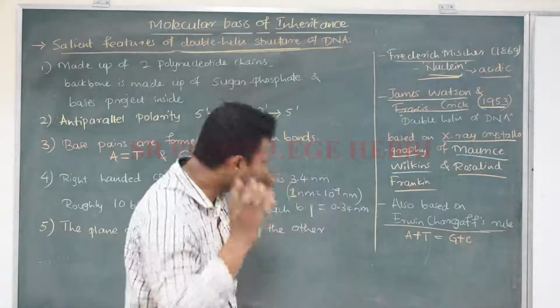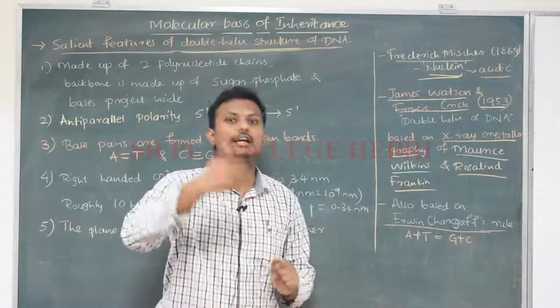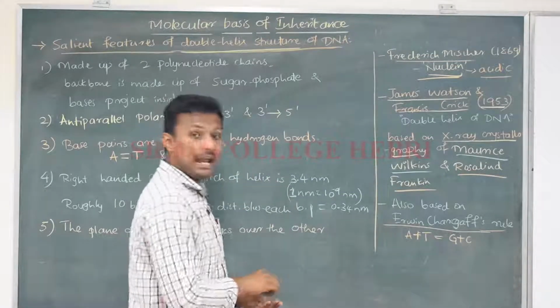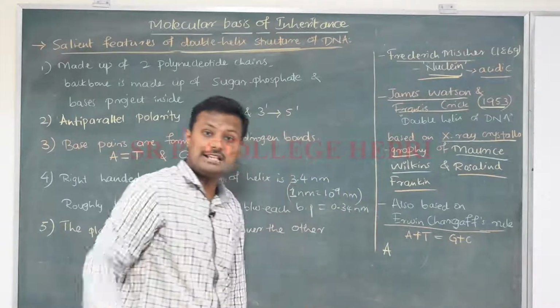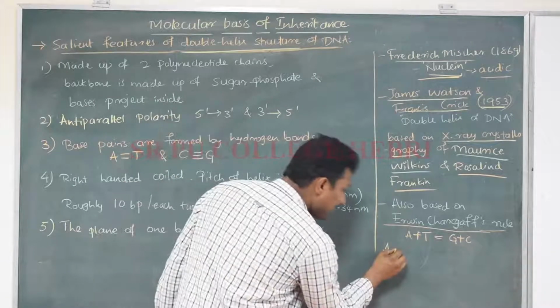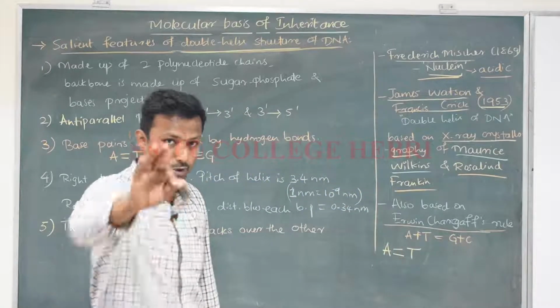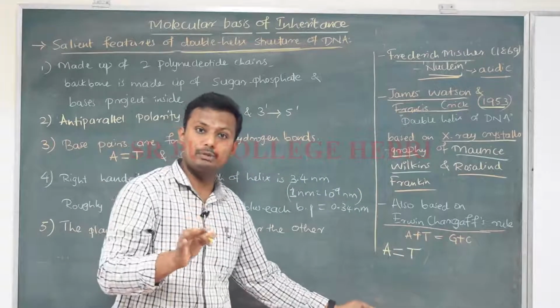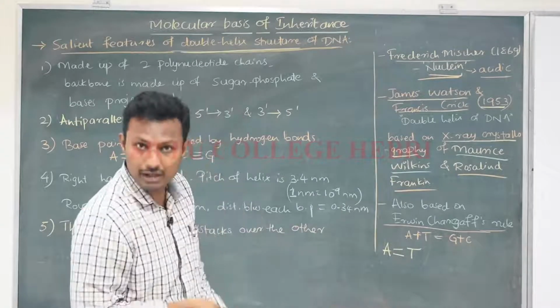By the experiments of Erwin Chargaff, it came to light that A always pairs with T. That is, adenine always pairs with T with a double hydrogen bond. This is a very important thing for you to remember. A always pairs with T with a double hydrogen bond.